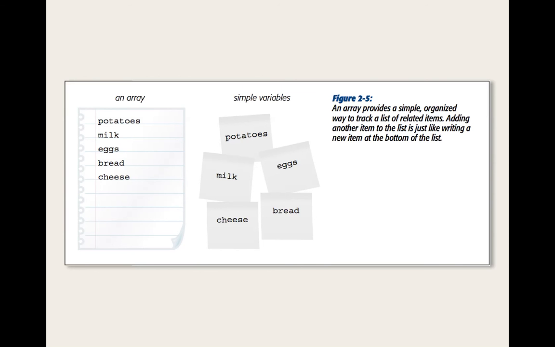But every time you add something to the list, you've got to create a new variable. An array is handy because it will hold any number of items, and they're all addressed through a single name. A single object is created called an array that can hold any number of things within that one container.